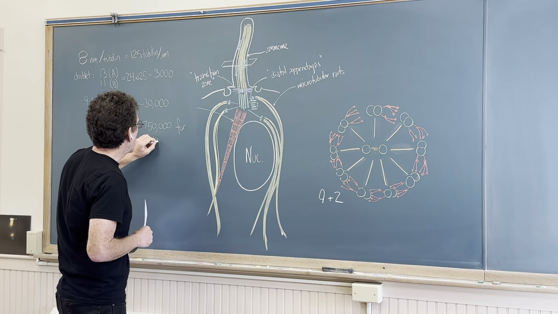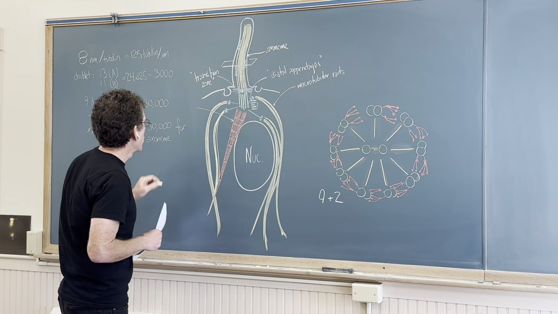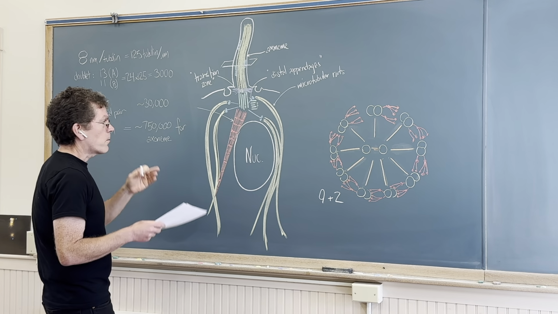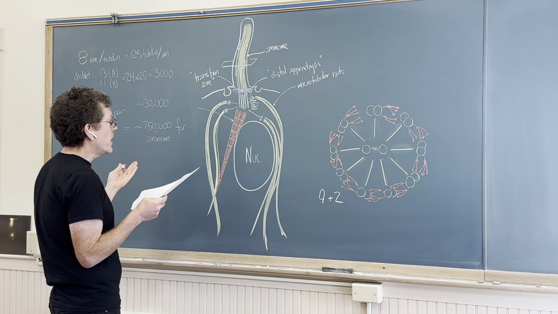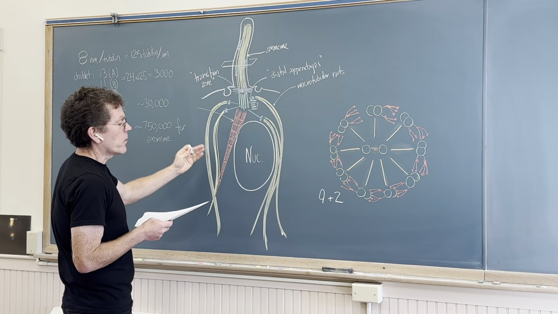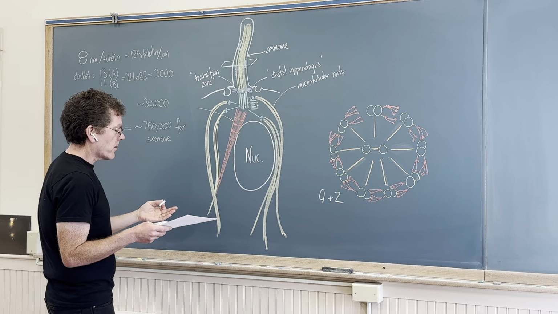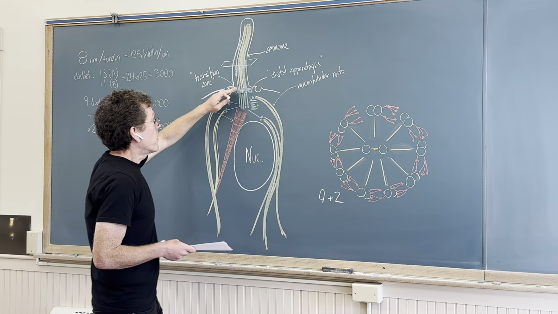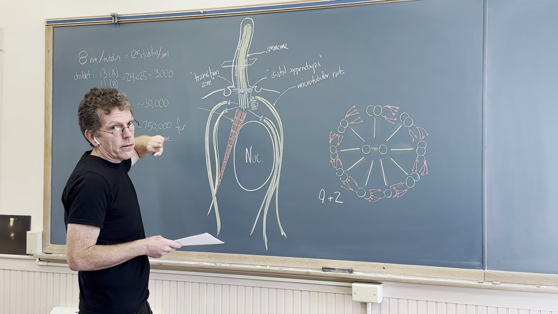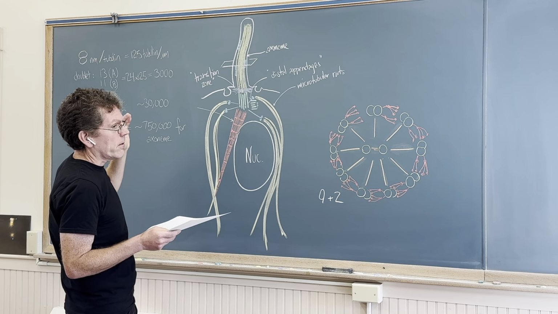But that's not all. Cilia actually won't beat well without these roots holding them in place. In fact, if you drop a sea urchin larva in a microtubule poison, the microtubules of the axoneme are relatively stable. They won't fall apart, at least not for a while.